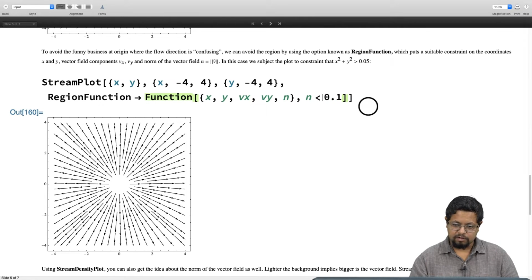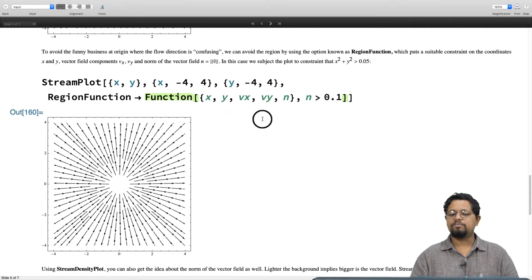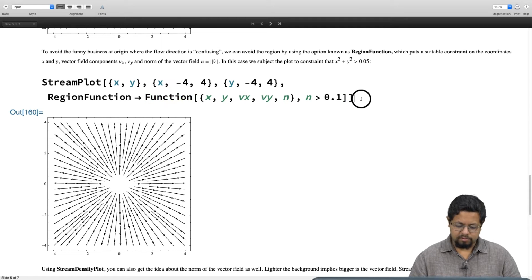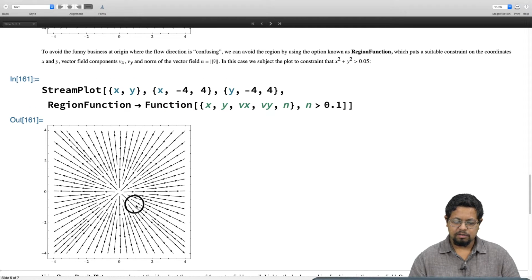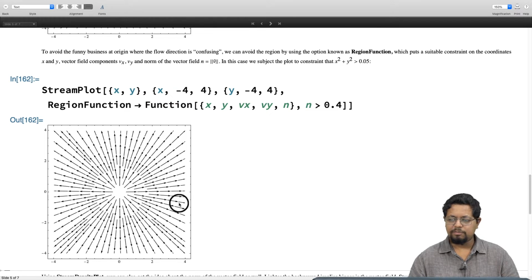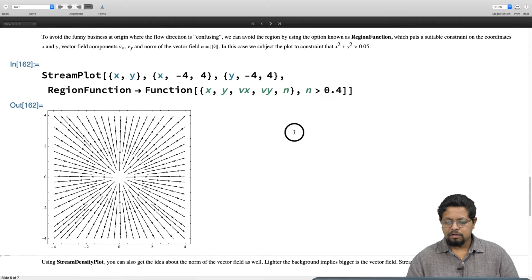That is, if the norm is greater than 0.1, norm means square root of vx square plus vy square. If norm is greater than 1, only then you plot, and that also avoids certain regions. I can go ahead and make it slightly bigger, and that also does the same job effectively. All right, you can go ahead and play a little bit more with this.